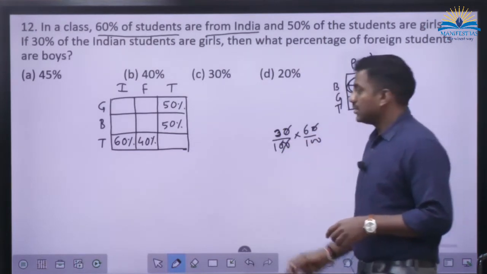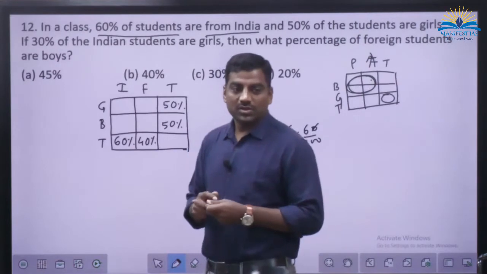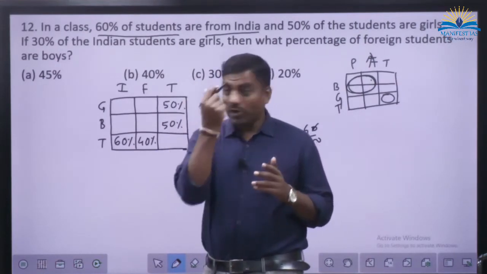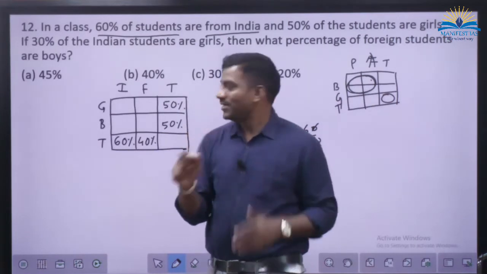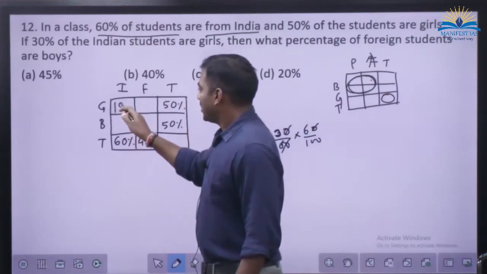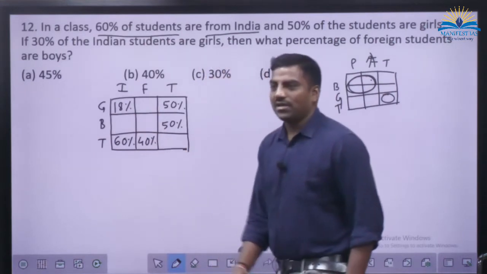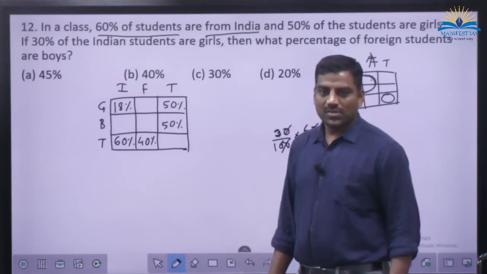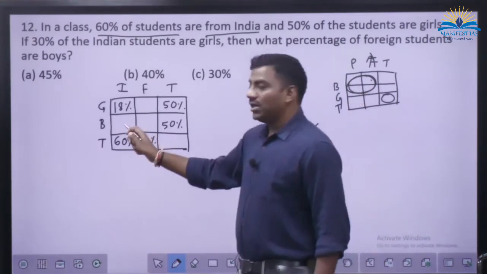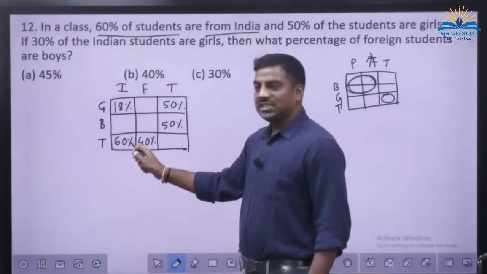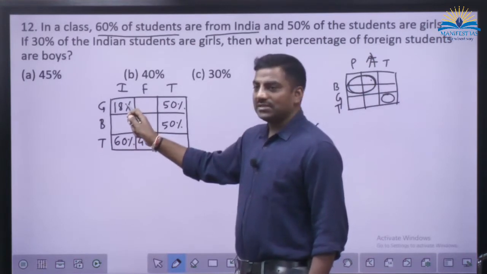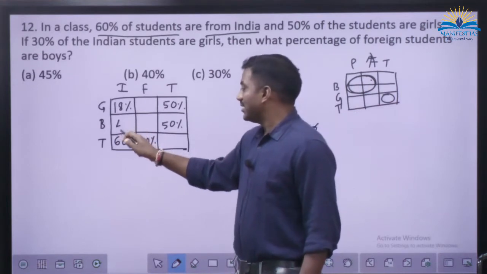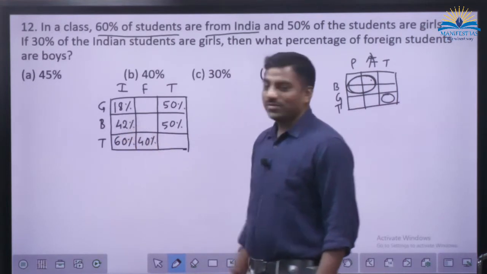18%. Yes or no? Or is the answer written here? No, right? Somewhere here printed, somewhere no. So 18% among this 60% are girls. Then boys number, this is 60%. 18% are girls. 42.